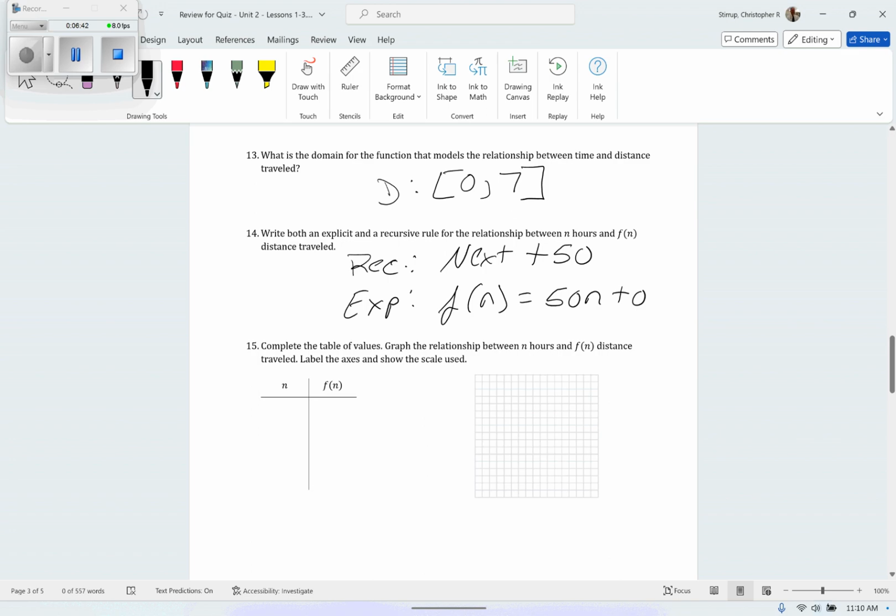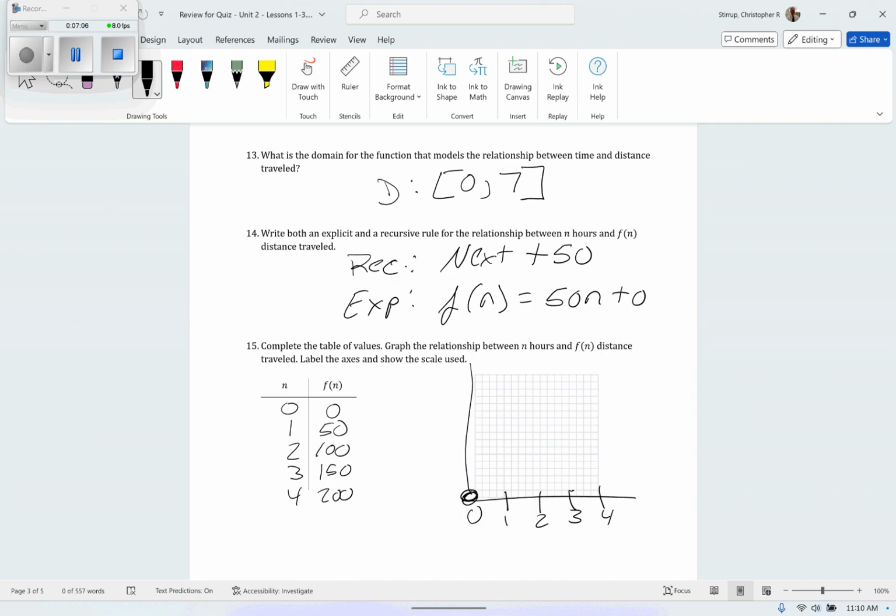If we complete the table, so if we didn't go anywhere, we did 1 hour, 2 hours, 3 hours, 4 hours, and we can keep going on that. So I've had 0, and let's count out like 5. There's 1, 2, 3, 4, 5.